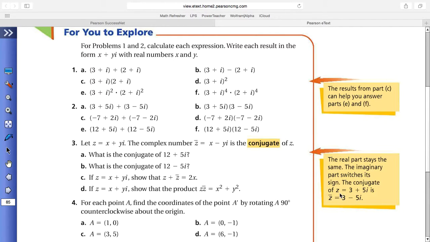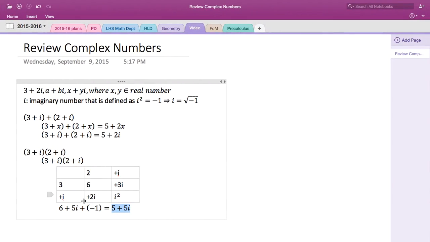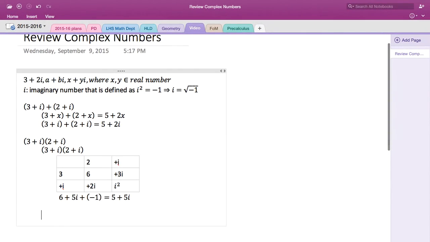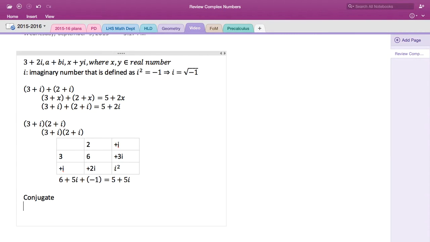The conjugate of z equals 3 plus 5i is z bar equals 3 minus 5i. So conjugate is just flipping signs.